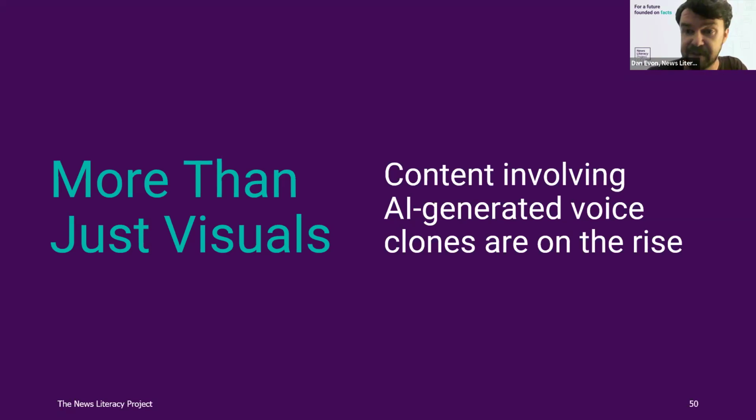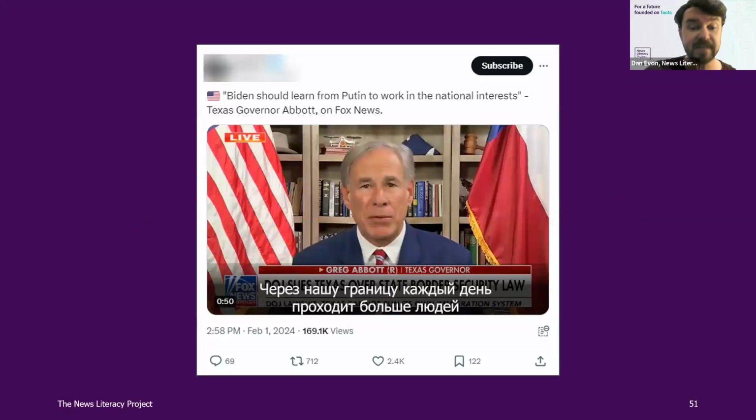So we're going to look at a video of Governor Greg Abbott. It has a doctored AI voice clone, but the reason it is so convincing is that the first 10 seconds of this video are Greg Abbott's actual voice. They took a clip, I believe from Fox News, of Abbott talking about the border, and they use real footage at the start.